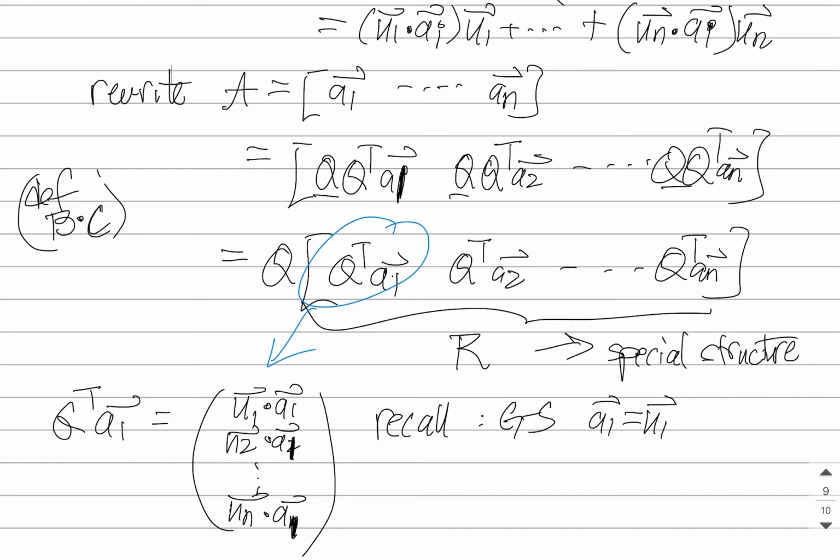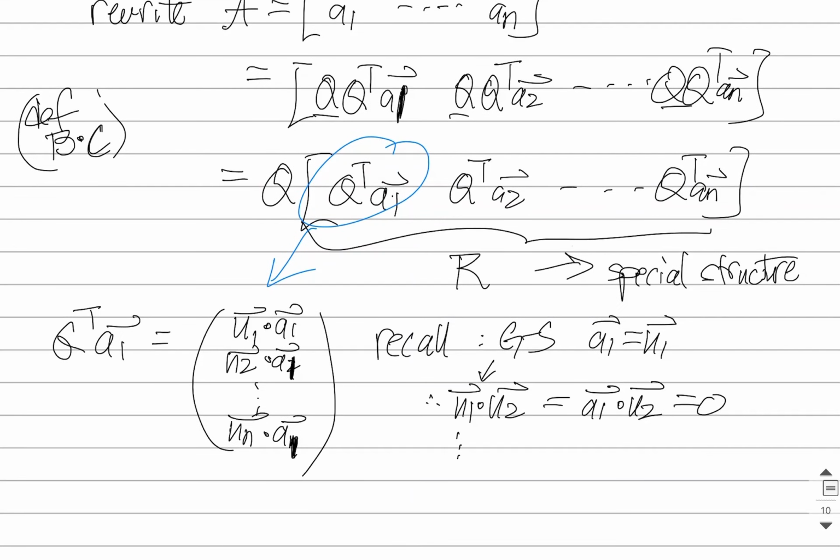And that means that Gram-Schmidt creates an orthogonal basis. So U1 dotted with U2 is going to be kind of like saying A1 dotted with U2. It's going to be 0. And all of these other dot products are always going to be 0. So all of these entries here are going to be 0.